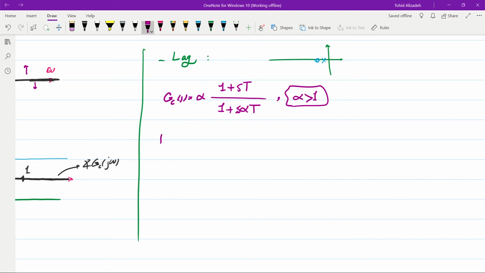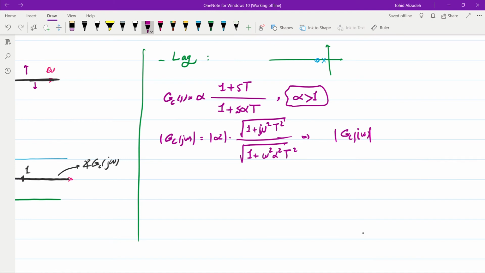If you look at the amplitude of Gc(jω), it will be in the form of alpha times square root of 1 plus omega squared T squared over square root of 1 plus omega squared alpha squared T squared. So we can see that the amplitude of Gc(jω) at very low frequencies will be equal to alpha. The amplitude of Gc(jω) at very high frequencies will be equal to 1, or 0 dB.